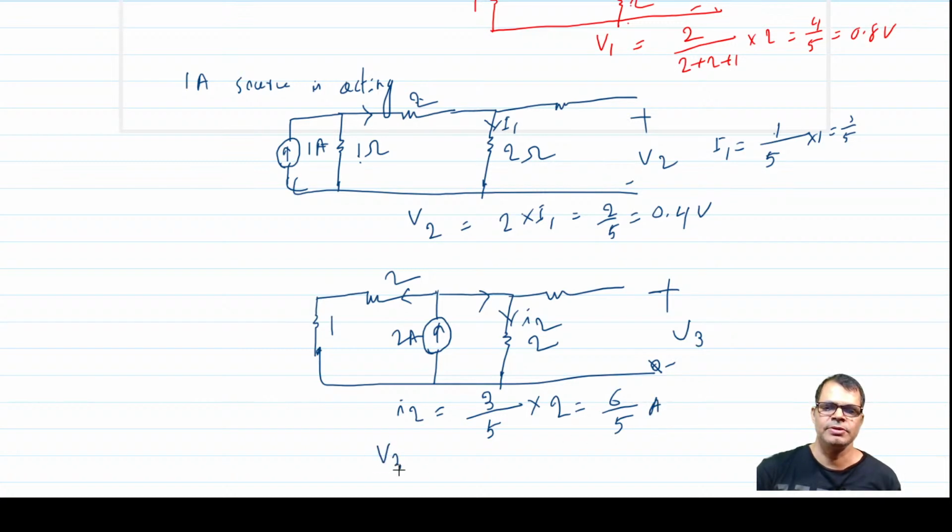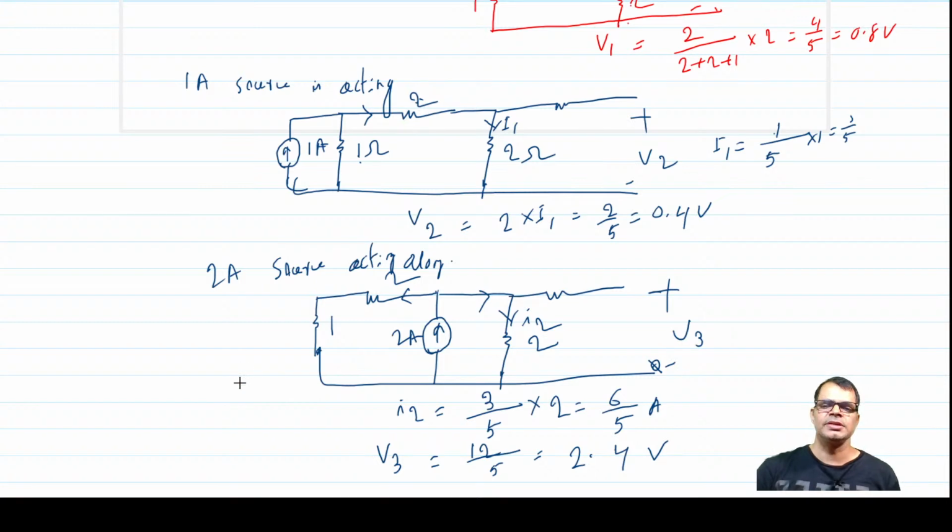And your V3, with the 2 ampere source acting alone, will be 2 into I2, that is 12 upon 5, 2.4 volt. So all the voltages are in the same orientation.